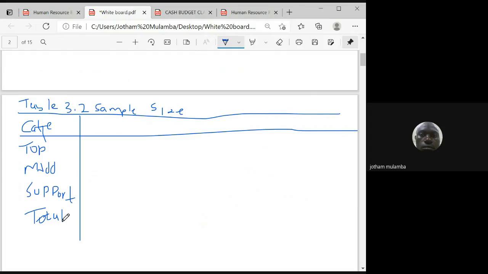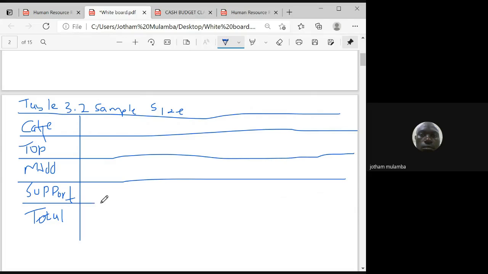Those two will form the top level management. Then below the branch manager, we'll have the supervisors or heads of departments. Those will form the middle level management. Then we'll have the clerical clerks, and those will form the support staff. If the bank has its own cleaners, those can be categorized separately, but most of them will be outsourced services. So when you talk of support staff, it does not necessarily mean we are talking about subordinate staff.